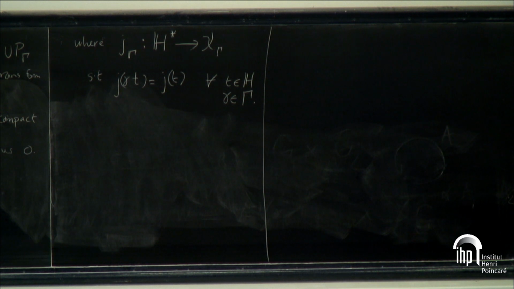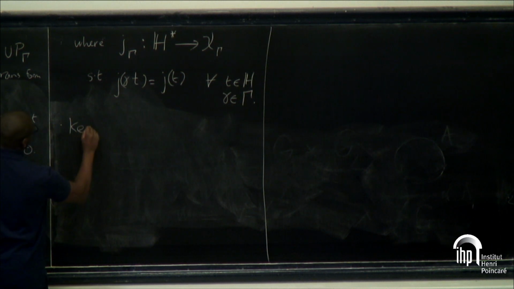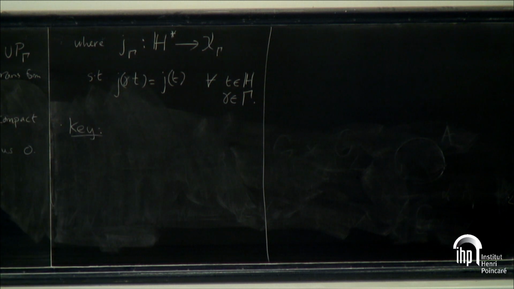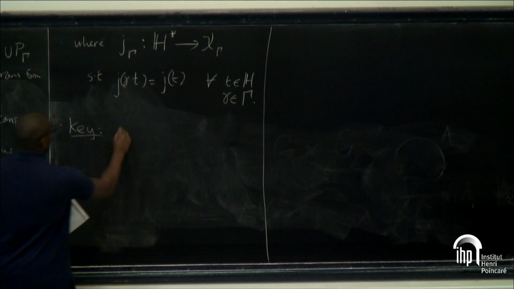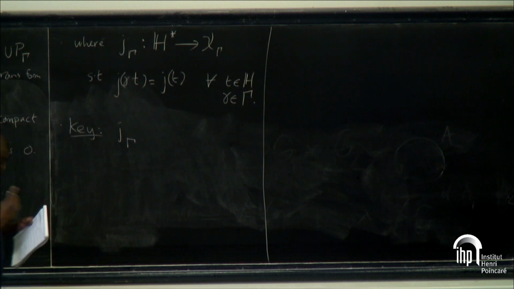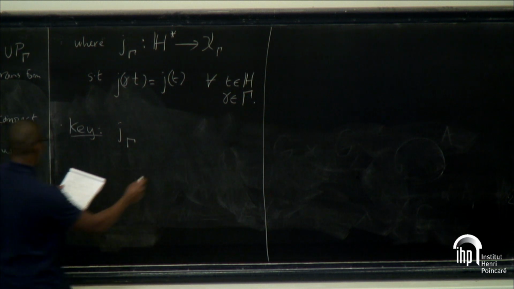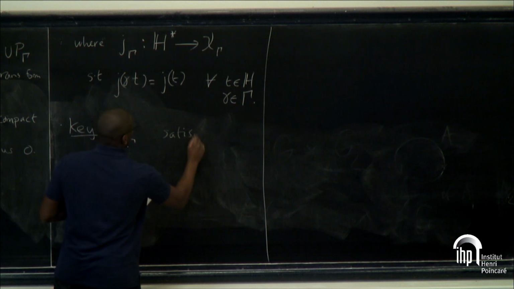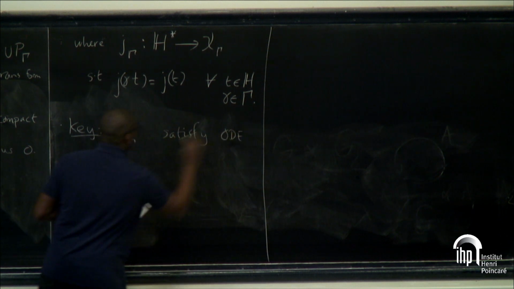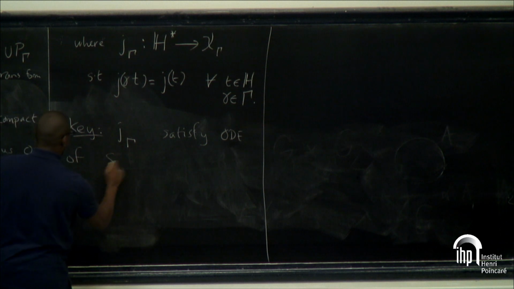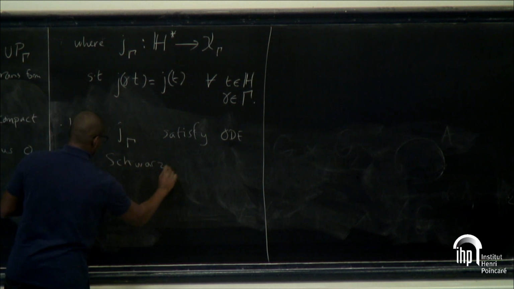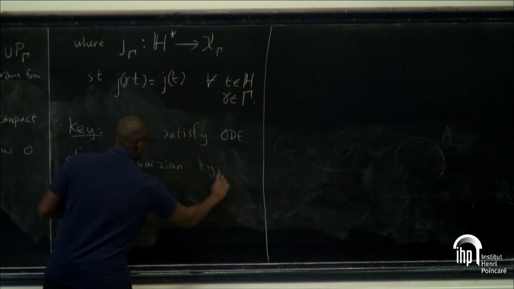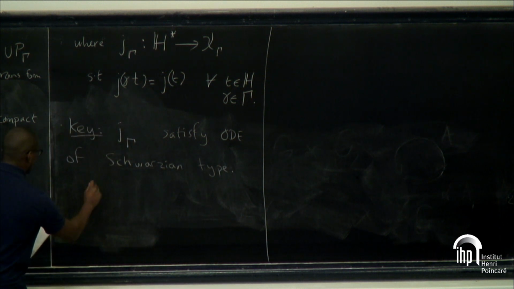And so what's important for us, the key for us, is that these J's satisfy an ODE of third order. These are of the same form that Jonathan had on the board. So J satisfies an ODE of Schwarzian type.